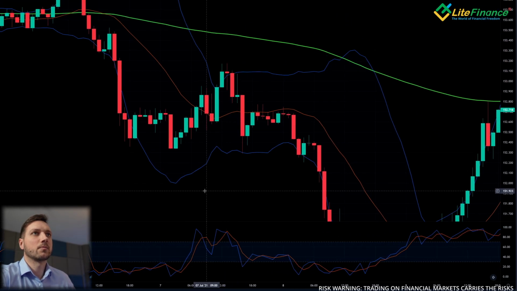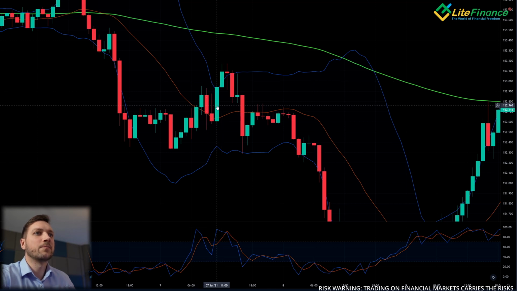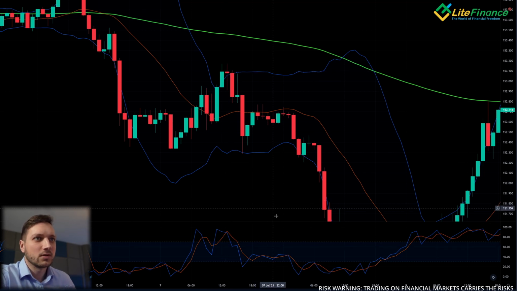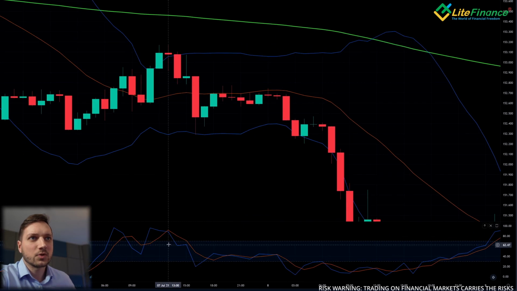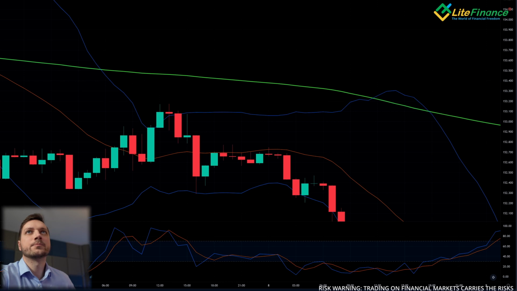So as you can see, this one is the signal from the stochastic, but we have some distance from the upper Bollinger Band. But over here we even cross the Bollinger Band slightly, and at the closing of this candle, if we would zoom in, you can see that at this moment we received the crossover, so we could enter at the opening of the next candle, which is over here.